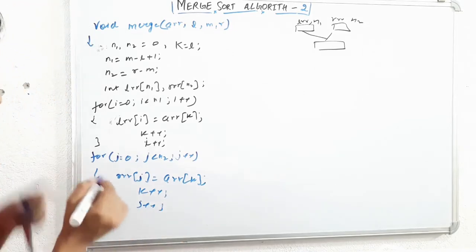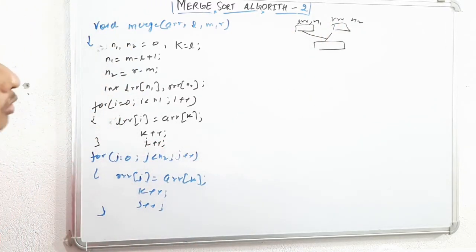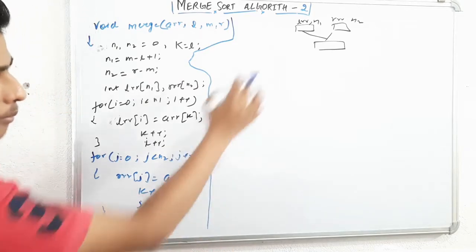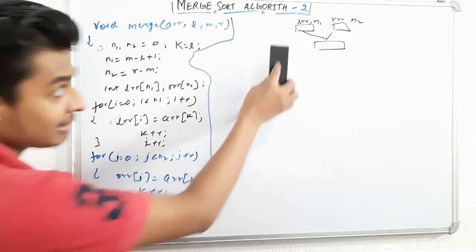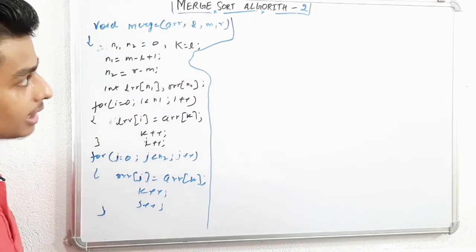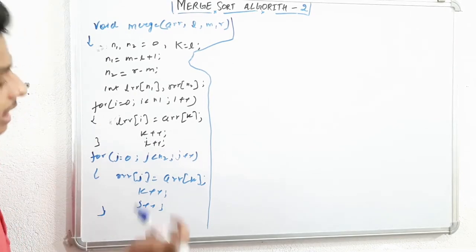So till now, I got the actual arrays LRR and RRR. Now what we need to do is merge these arrays. We are going to write the code that we have seen in the previous video, on how to merge two sorted arrays.